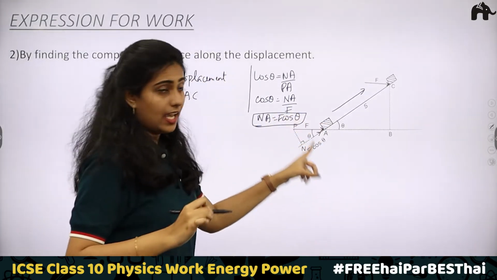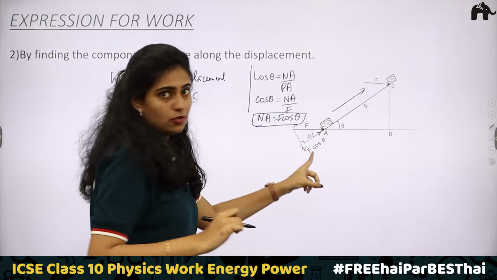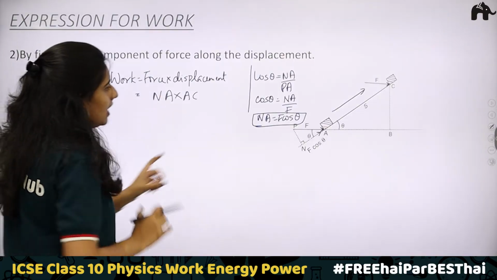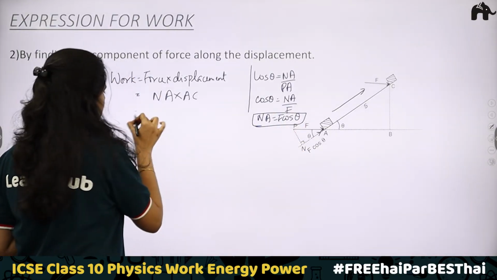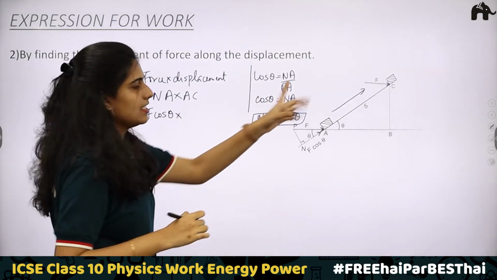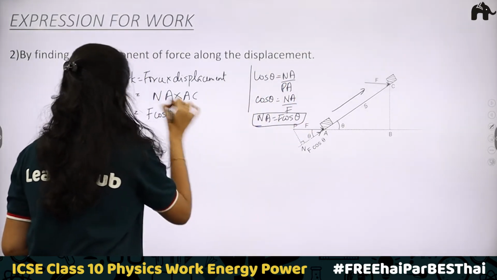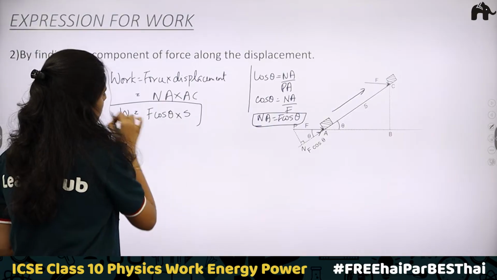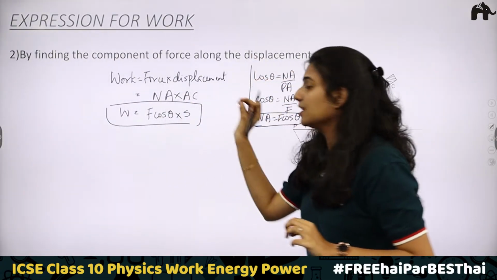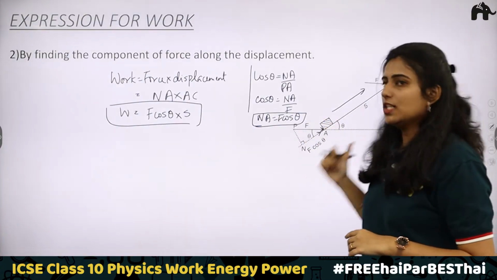NA is the component of force along the direction of displacement. Now substitute what is NA? NA is equal to F cos theta, cos component of force, into AC. AC is the displacement, that is S. Work W is equal to F cos theta into S, that is the component of force in the direction of displacement into displacement.